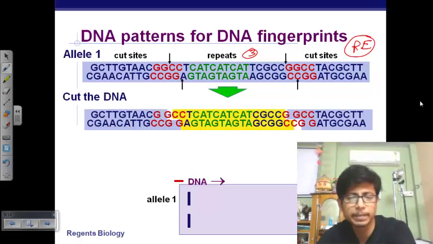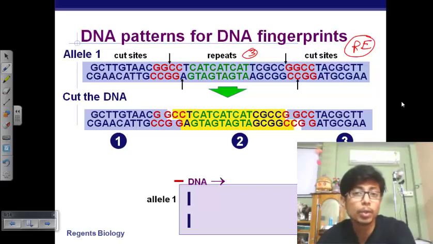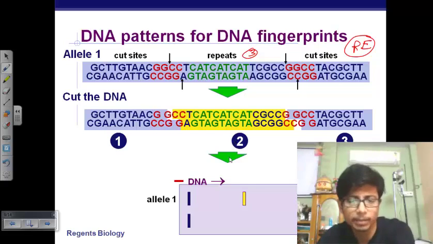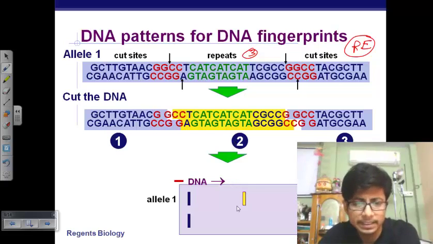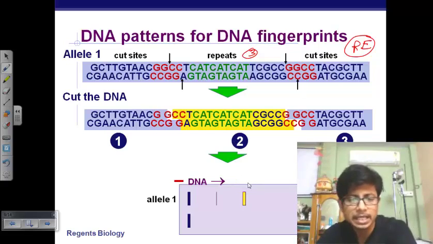Then we load them into the agarose gel, and we get this band for this repeat. We also get other bands, but we forget about those because they are common. But this is a unique band that we get.